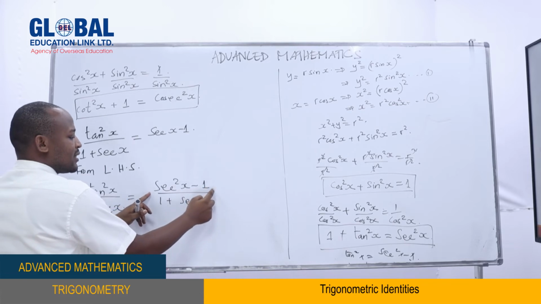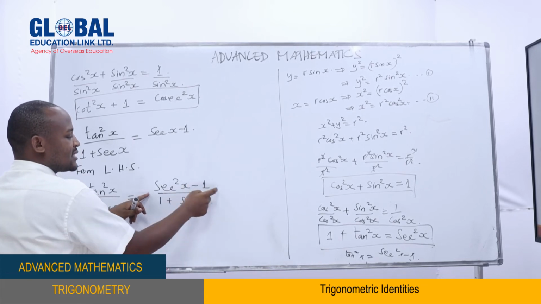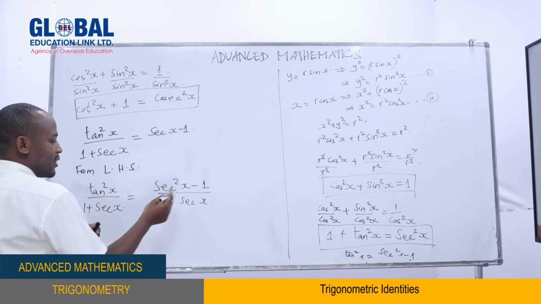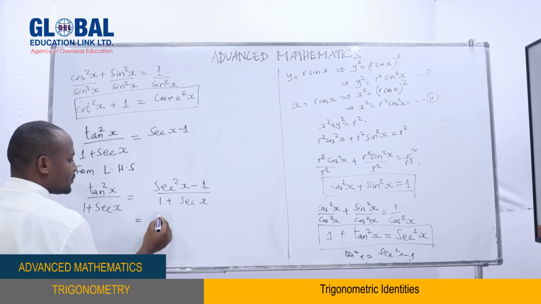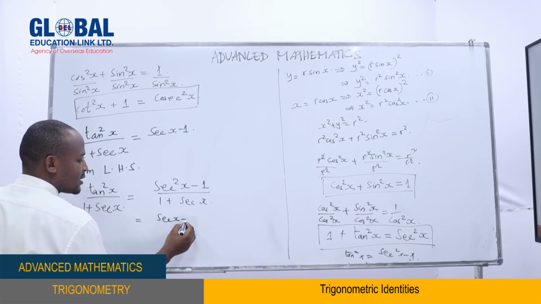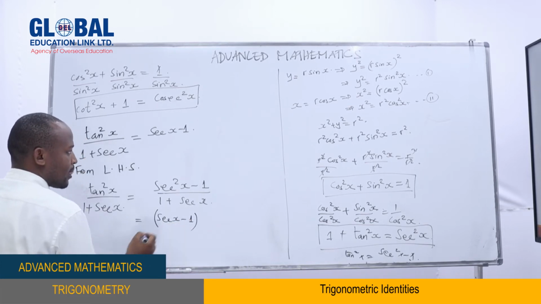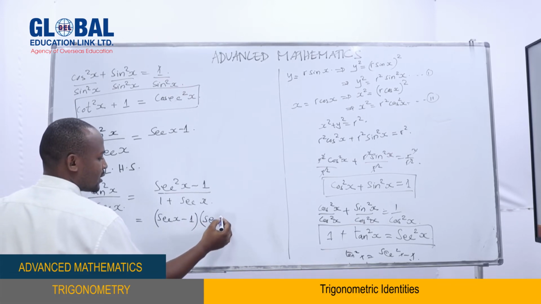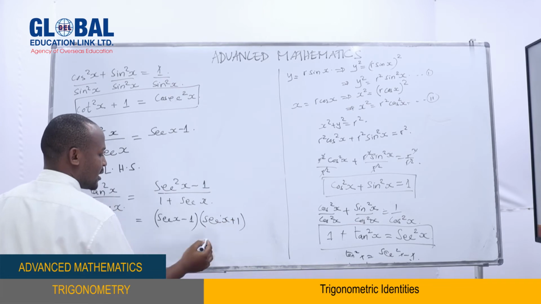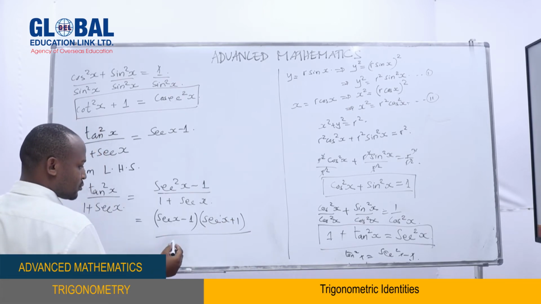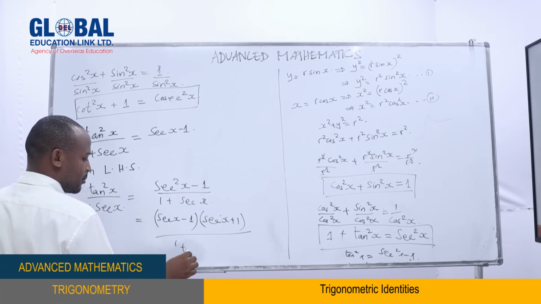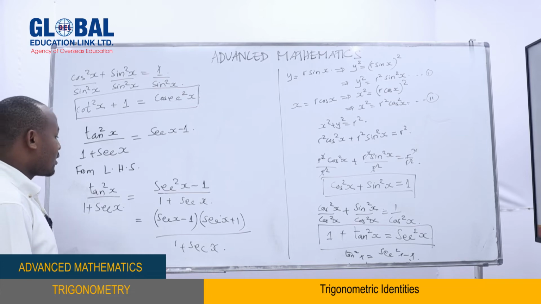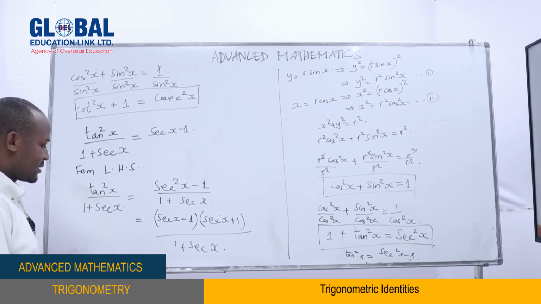Now let me simplify this. As you can see there, you can use the concept of difference of two squares, and that is to say we are going to have sec x plus 1 times sec x minus 1, over 1 plus sec x.